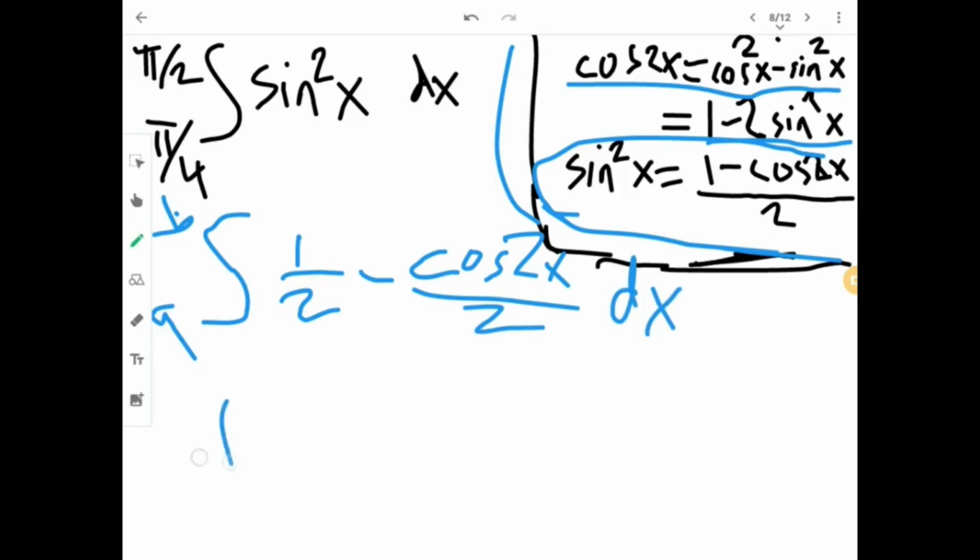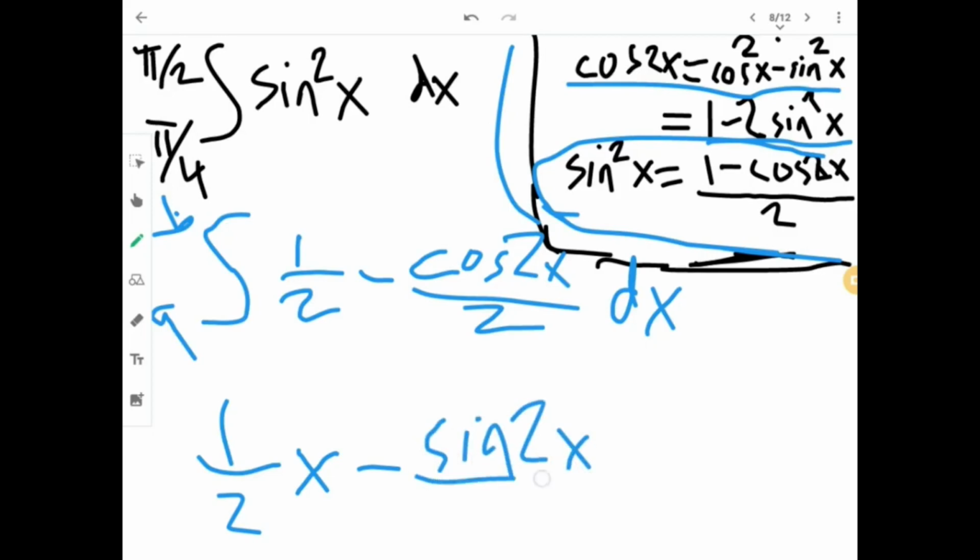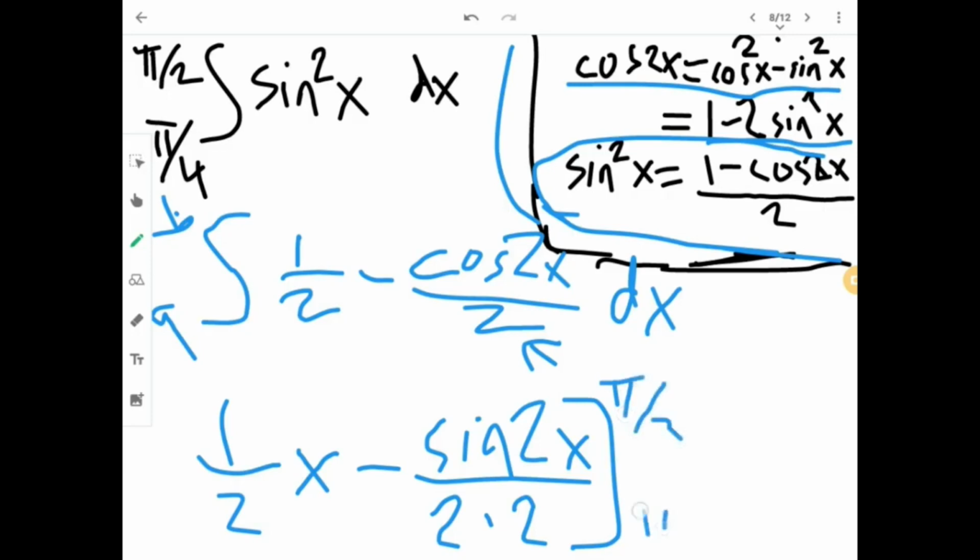So a half becomes half x, and then minus cosine 2x: since it's cosine and you're integrating, the integral of cosine is sine, so it becomes minus sine 2x, and then you divide by the coefficient, so over 2, and you have this 2 as well, so times 2, from pi over 2 to pi over 4.